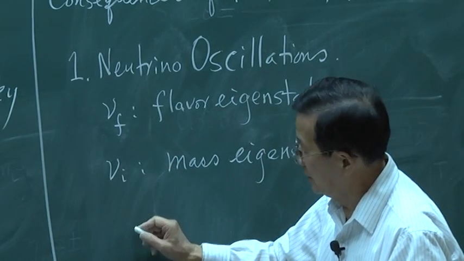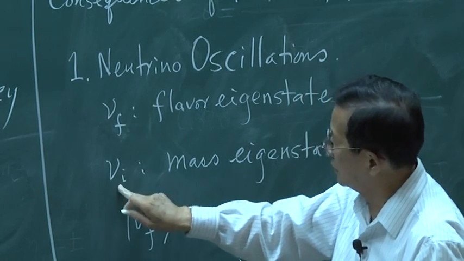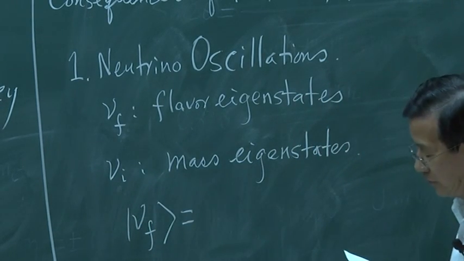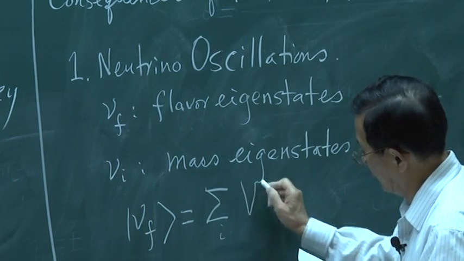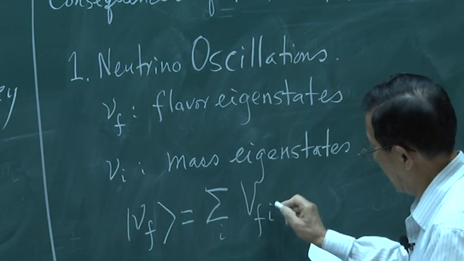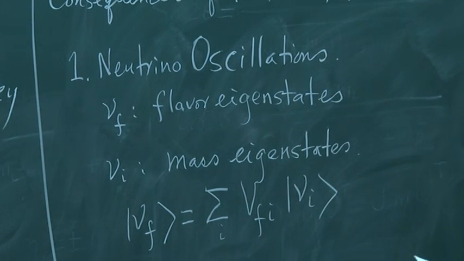So I can write the neutrino of flavor f as some mixture of mass eigenstates nu i. So let me write it as the sum over i of V f i nu i. Okay?